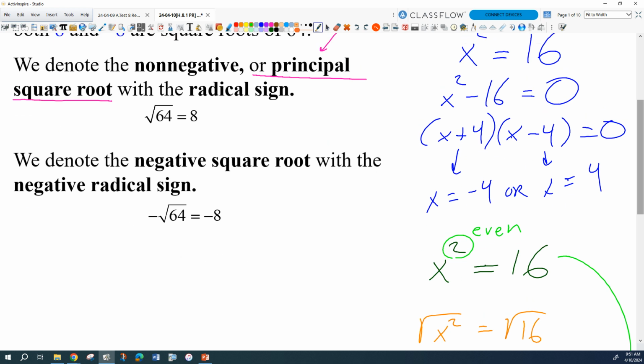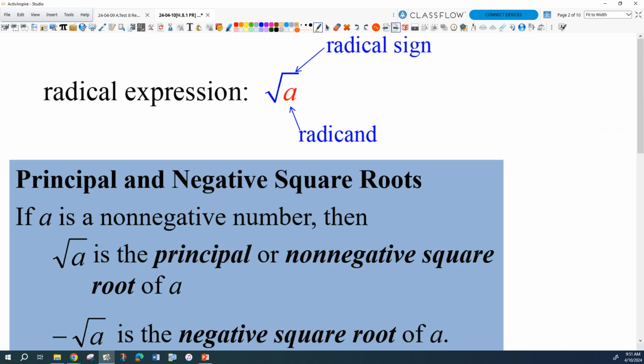Okay, so moving forward. What's the anatomy of a radical expression? Pretty simple. The radicand is the part that's inside the radical, and the radical sign is just the type of radical that we're using. Could be a square root, a cube root, a fifth root, an nth root.